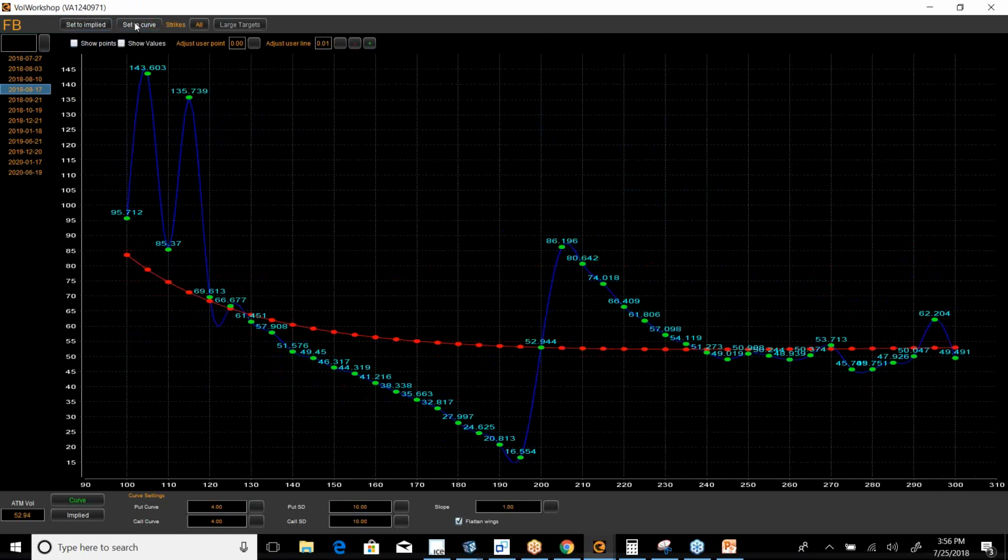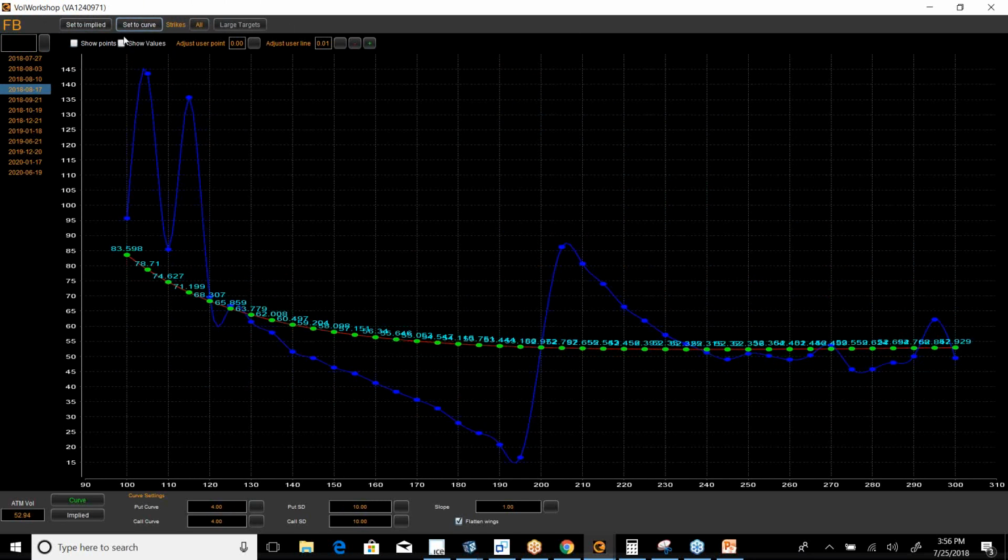But if I just go to set to curve, and then unshow values, this is a smooth curve of what volatility looks like. So what you're looking at is different strike prices on the bottom and implied volatility on the left.